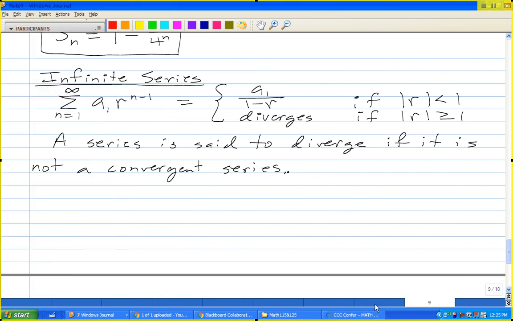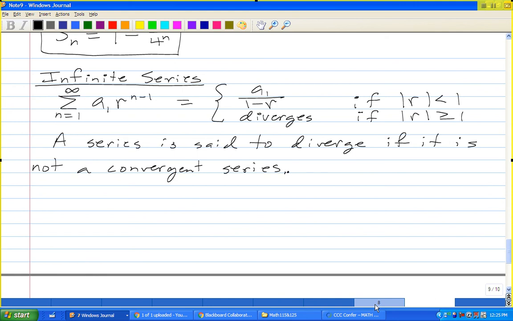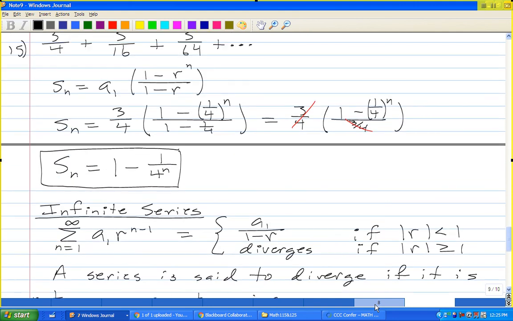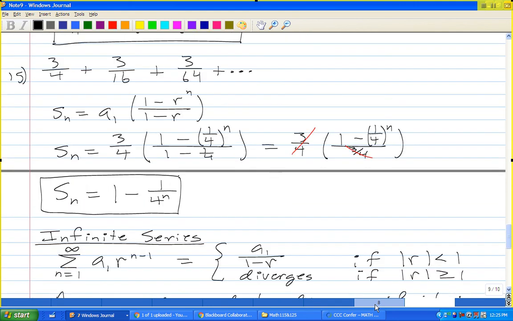Okay. So basically, let's look at this guy. Notice that as n gets larger and larger, what is this sum approaching? Well, what's 1 over 4 to the n for n large?